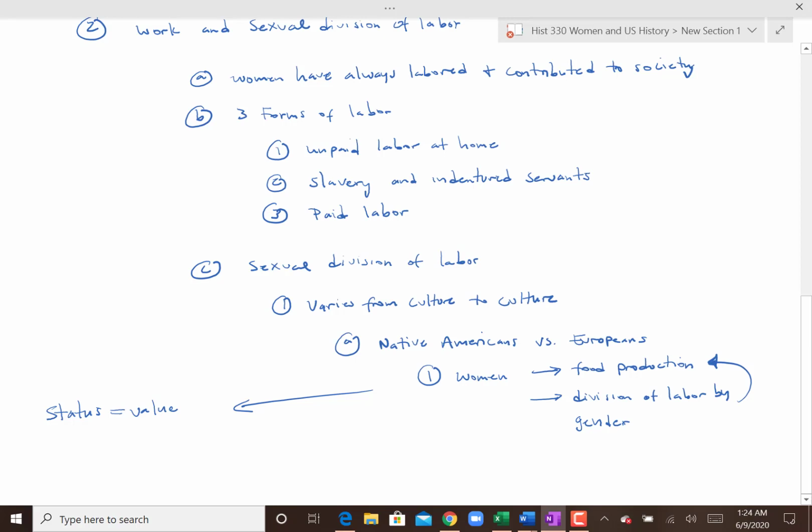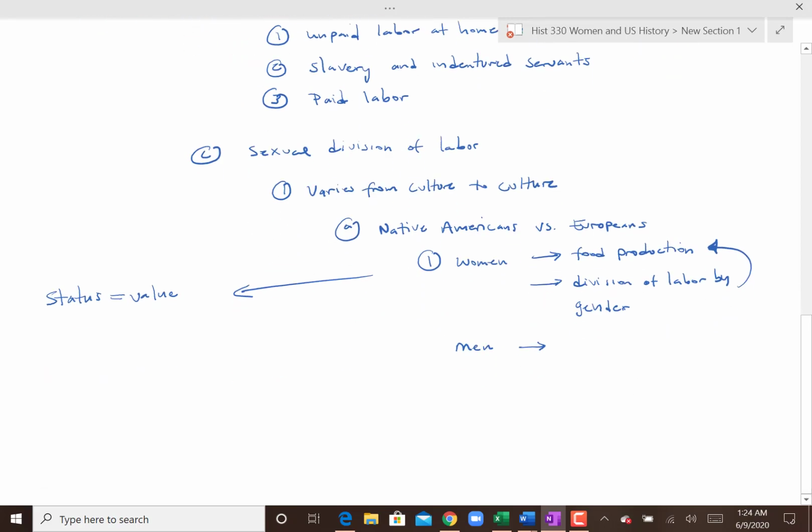And men's labor, or division of labor within a lot of Native American cultures, was to be warriors. And then they were the chiefs too. So we could put politics. There was some movement between the two, and we'll examine that as well. But so that's for Native Americans.